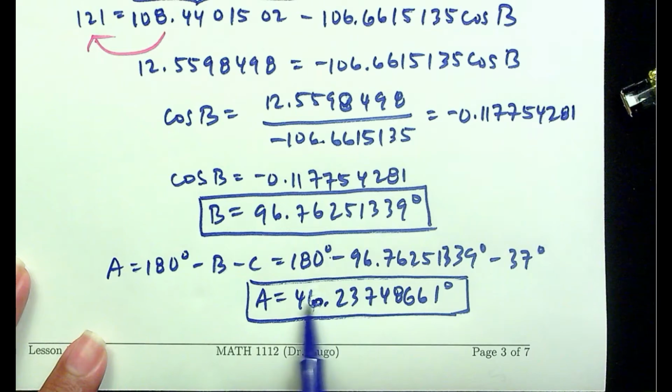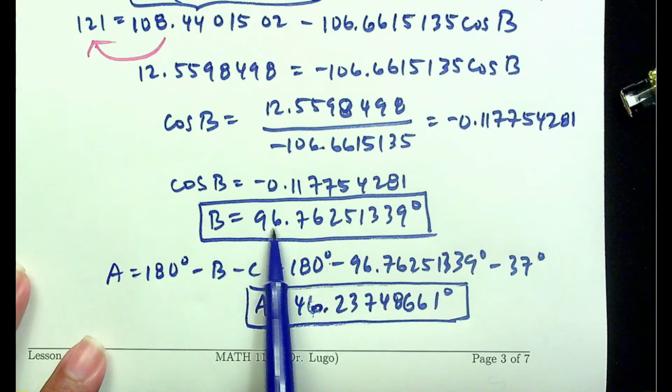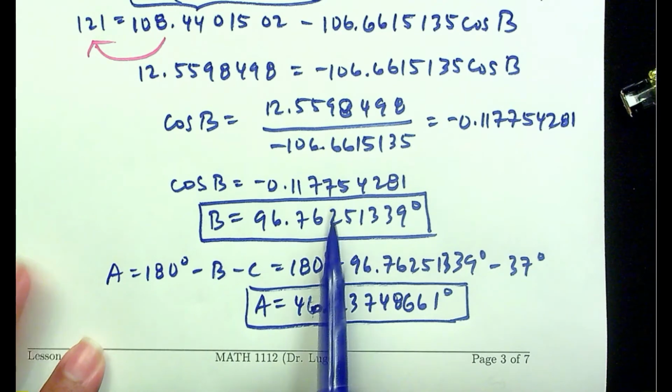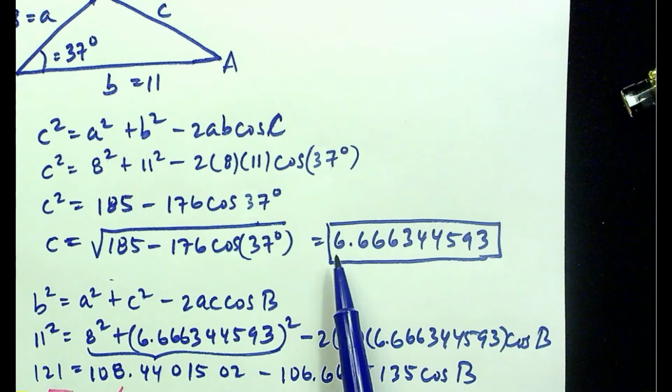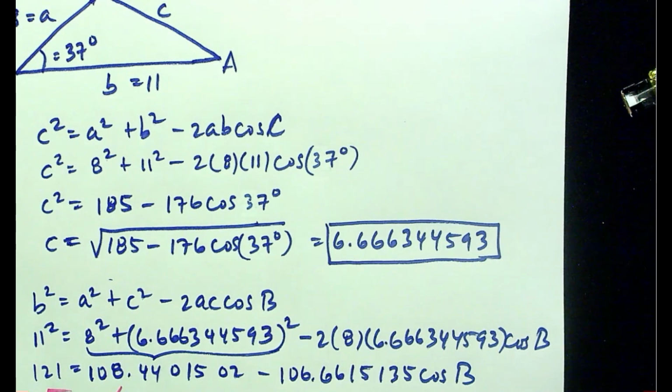So you would say that A would be 46.237, capital B would be 96.763, and little c would be 6.666. That's an ugly number, but that's what we got.